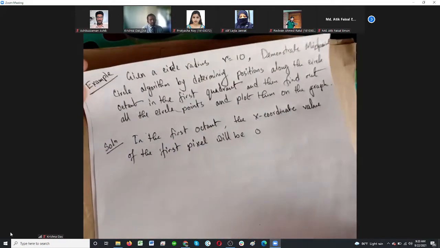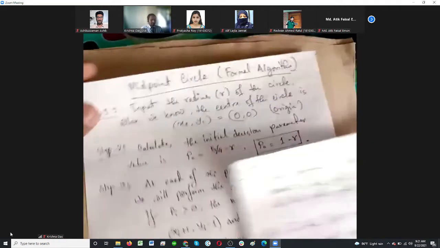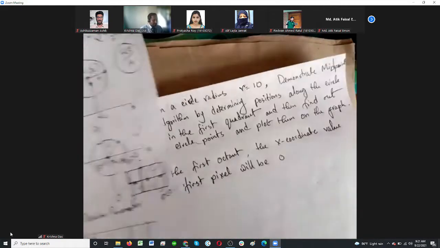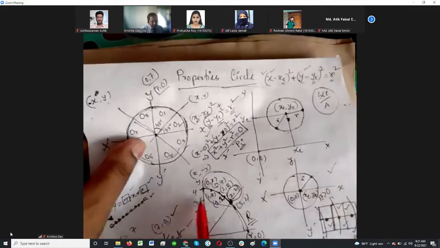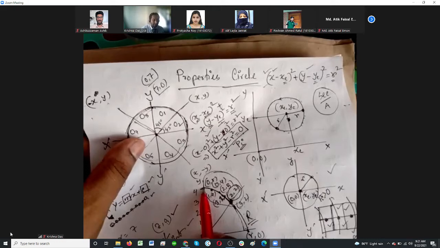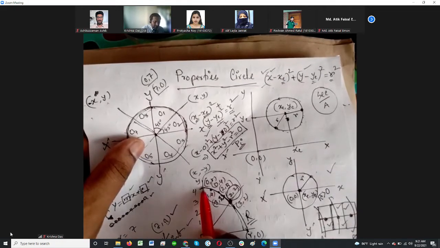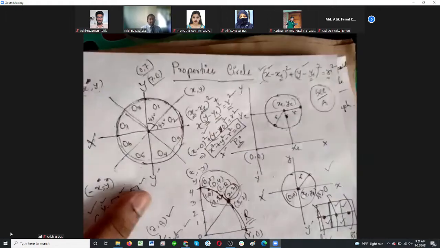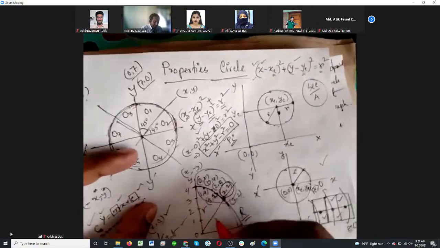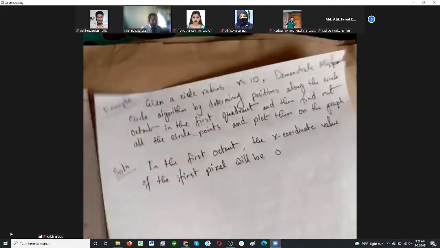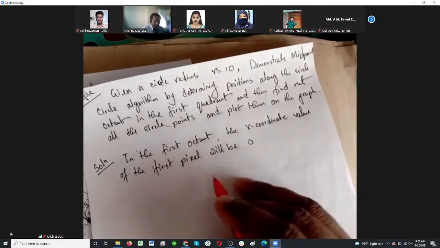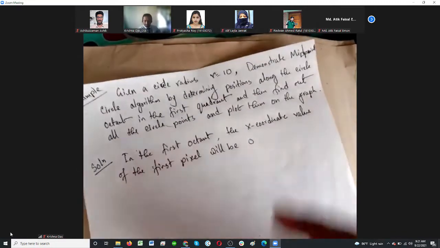Because we know this is the first point in the first octant. So the x coordinate value is 0 and the y coordinate value is r, the radius that we have.